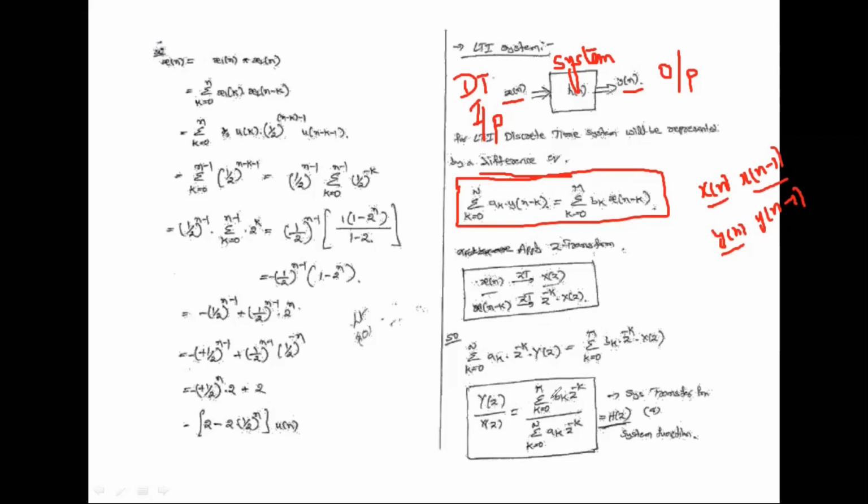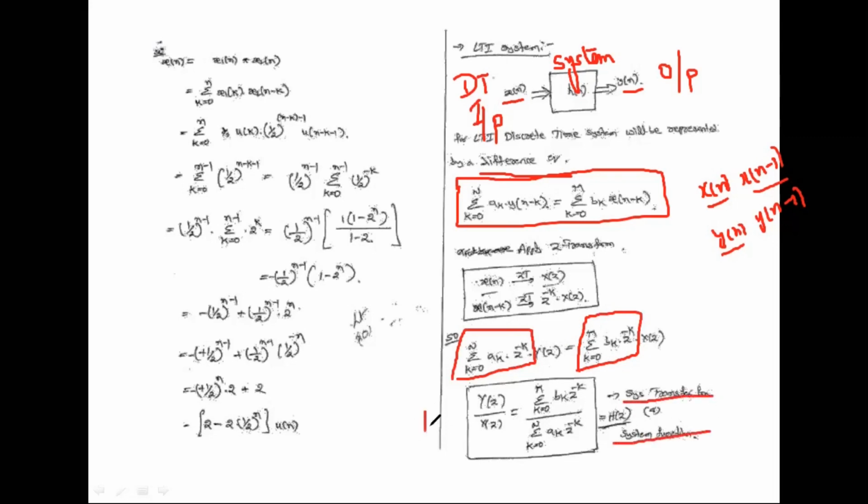That is equal to sum of k equal to 0 to M, b suffix k z power minus k, divided by sum of k equal to 0 to N, a suffix k z power minus k. When I take Y of z by X of z and cross multiply, you can call it the system transfer function or system function.